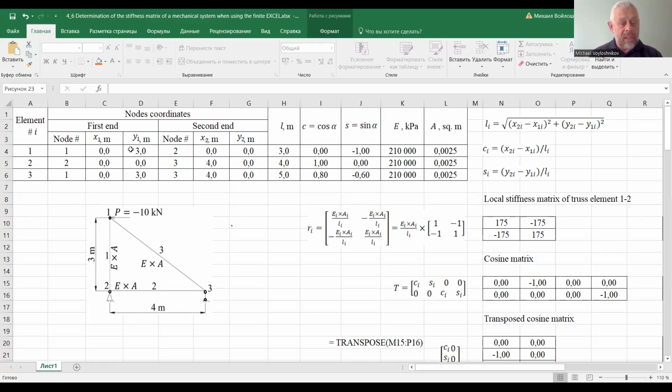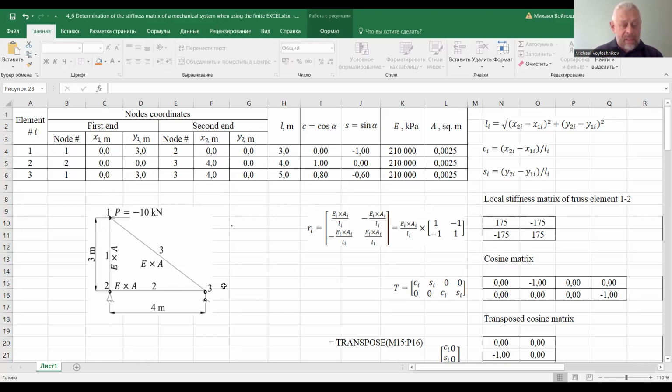The first end coordinates are the abscissa 0 and the ordinate equal to 3 meters, the height of the truss. We use a flat Cartesian coordinate system with the horizontal axis x coinciding with the axis of the second finite element between nodes 2 and 3, and the second axis, the ordinate, vertical through point 2.